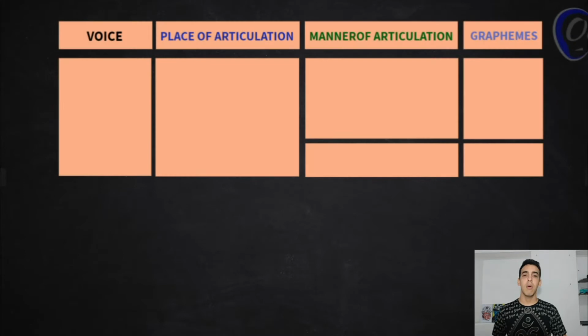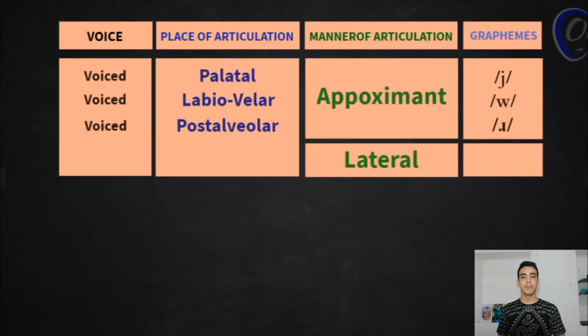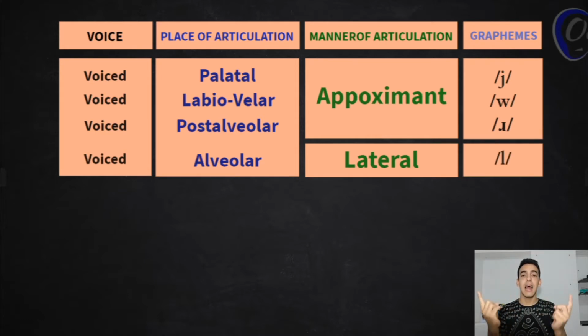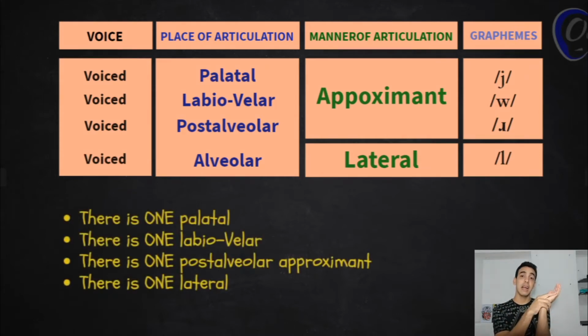So let's go on. The lateral sound. The lateral sound is an alveolar sound. It's here, and it's called lateral because the air flows through the sides of the curl made by your tongue.